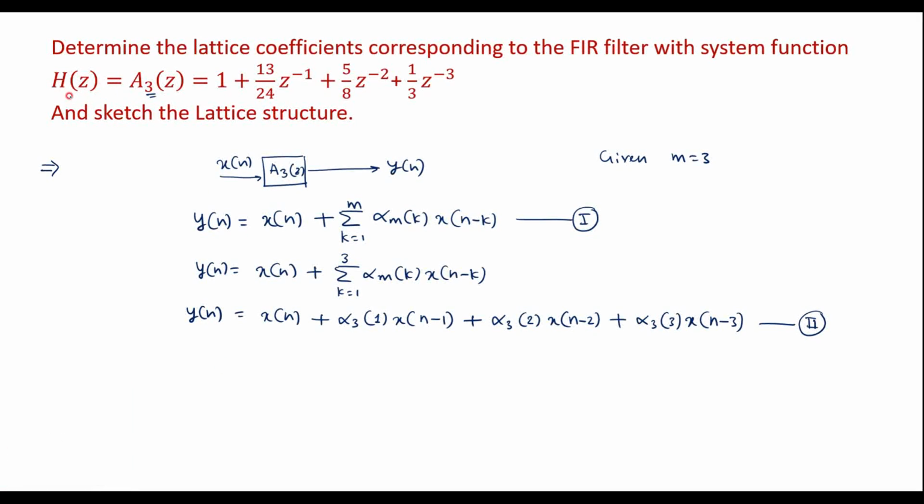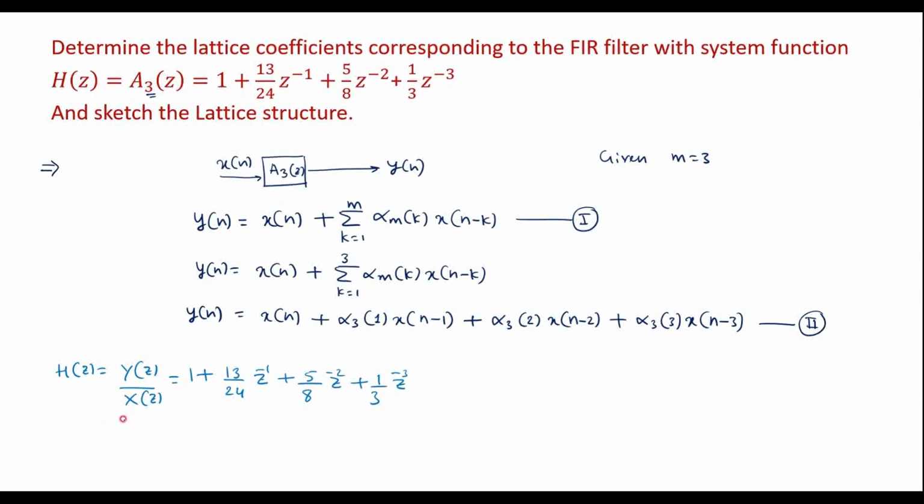So now I will concentrate on H(z), given H(z). Here, given H(z) can be represented as H(z) is equal to Y(z) divided by X(z), which is equal to 1 plus 13/24 z inverse plus 5/8 z power minus 2 plus 1/3 z power minus 3.